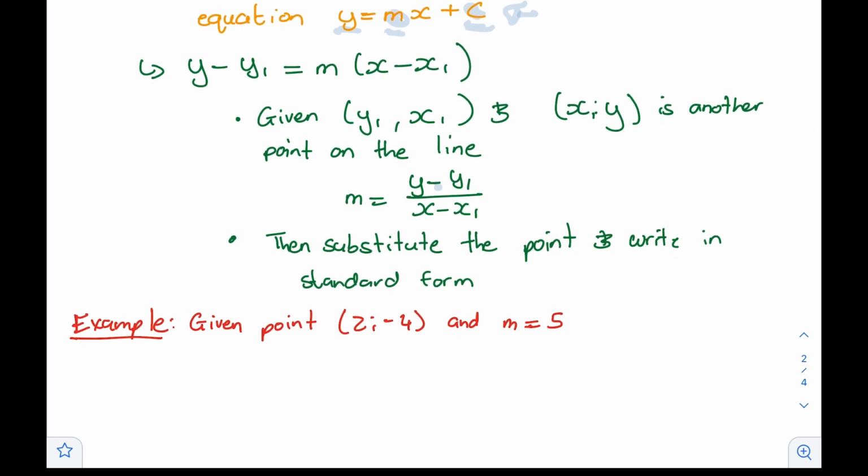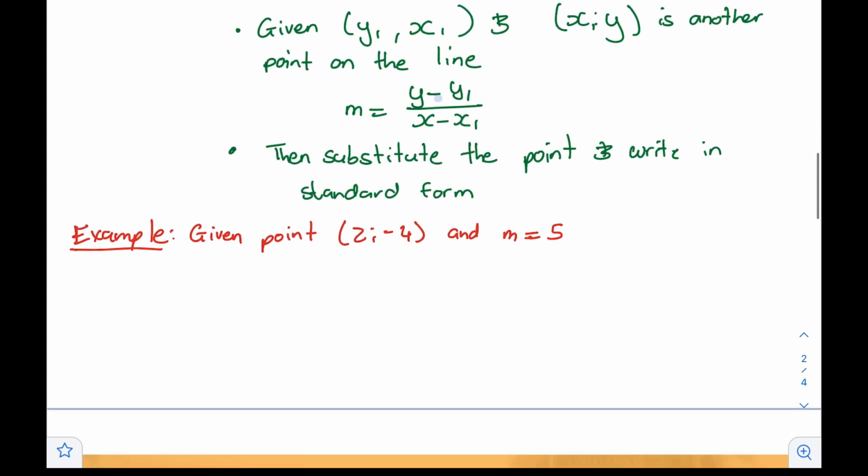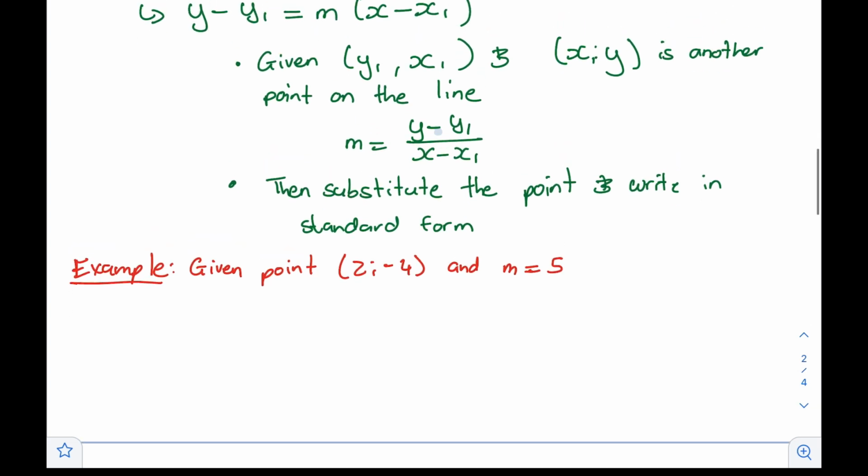So for instance, over here we're given points 2 and -4, and then m is 5. So basically, using this equation, y minus y1 equals m times x minus x1. Luckily over here we are given the gradient, so we can substitute this x1 and y1. Y minus y1 is -4.